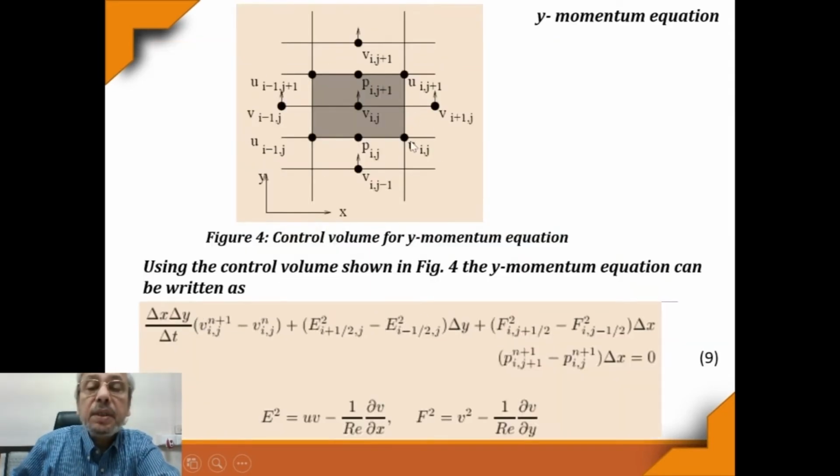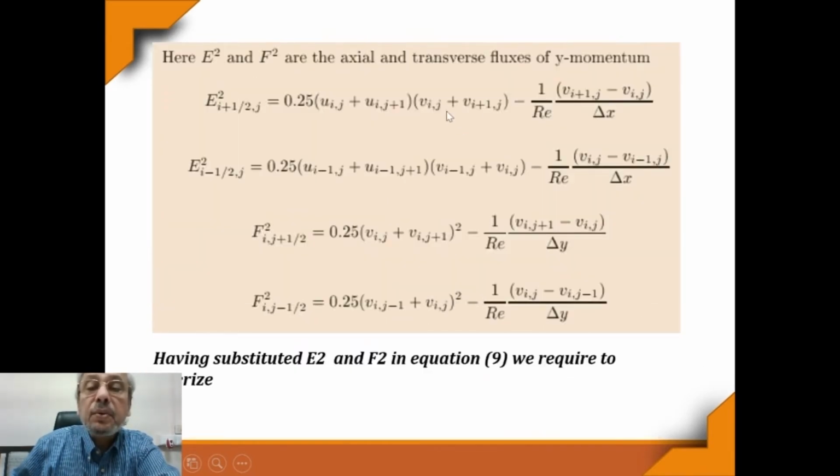That's what we said, Uij plus 1 by 2 multiplied by Vij plus Vi plus 1j by 2. This 2 and 2, 4. This is 1 by 4, 0.25, and this quantity.